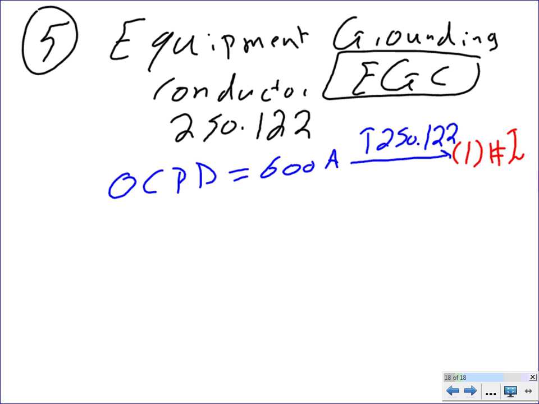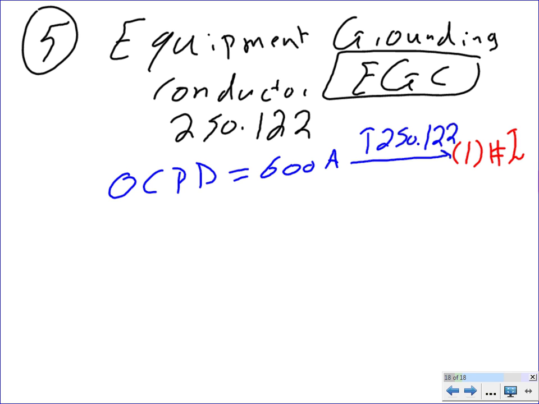What insulation type? Equipment grounding, anything grounding could be bare. But if you put it in a conduit, they always put them insulated, or covered at least. Number 1, here's another question for you.